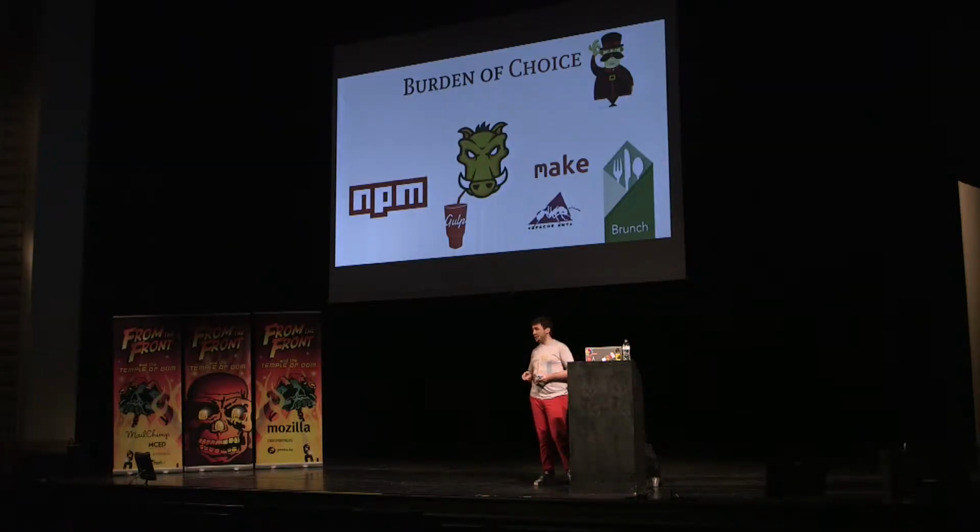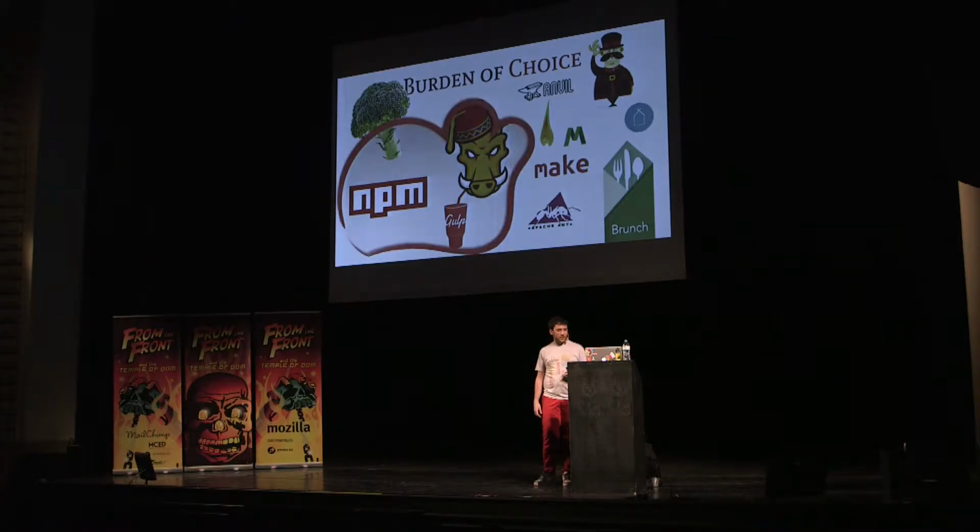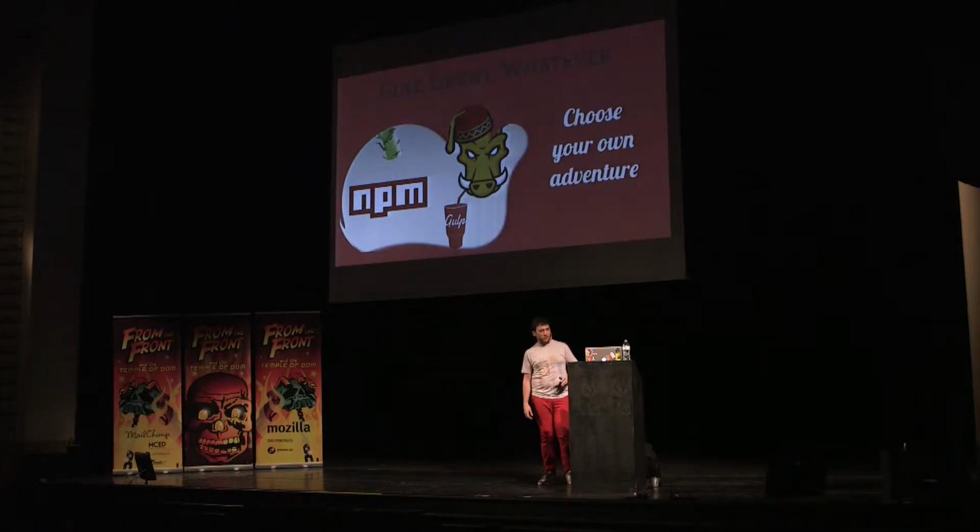And there's also Brunch, which allows you to do some other build stuff. And there's Broccoli, and something with a flame in it. I don't even know. Anyways, I'll focus on those three for now.